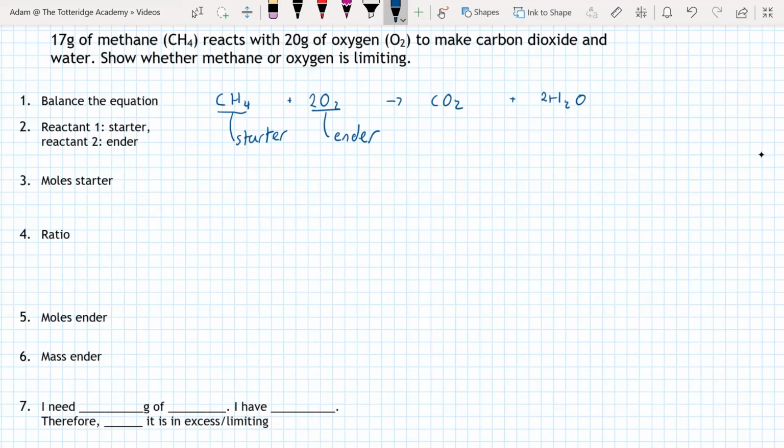You should only now be listening to my voice if you've worked that out. So moles equals mass over Mr. The starter is CH4. I've got 17 grams of CH4. So that would be 17 divided by the Mr, which is 16 for CH4. I plug that into my trusty calculator, and it gives 1.0625.